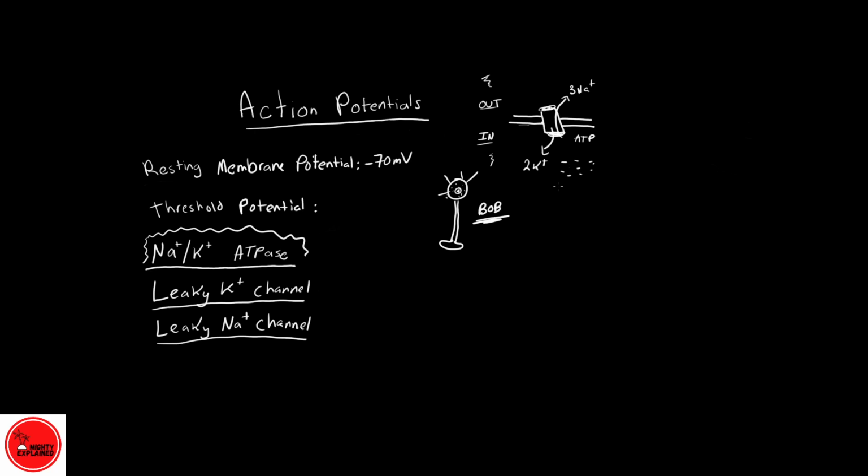What it also does is it produces these relative concentrations on each side. So you might come to the conclusion that sodium is high concentration on the outside, and then you also might come to the conclusion of what do you think is high concentration on the inside of the neuron? Well, that's right, potassium.